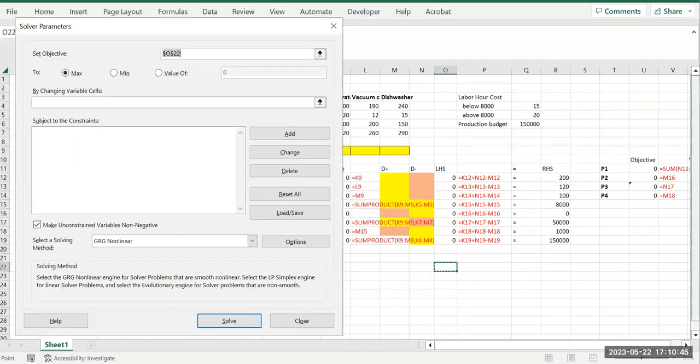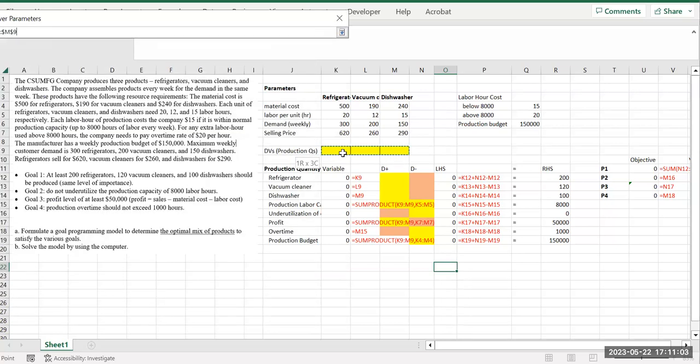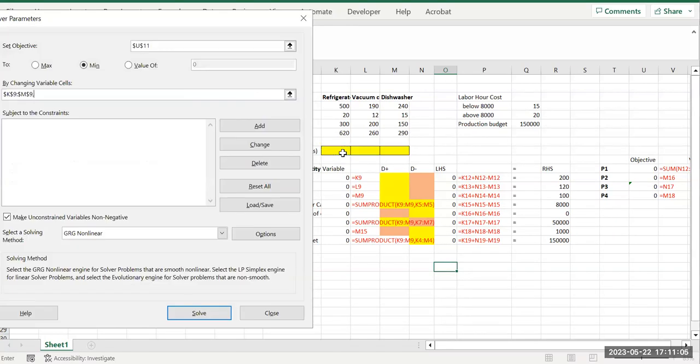For first priority, we want to minimize bad deviation for priority one, for the first goal. All the decision variables, all the highlighted cells should be given here. So these three main decision variables, comma, everything else, comma, and this. All right, all the highlighted cells.